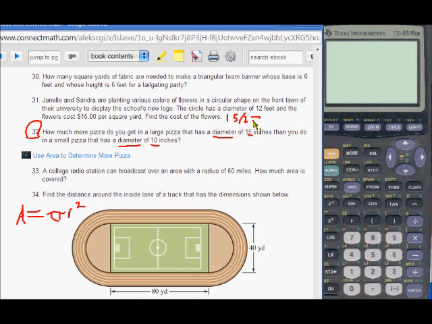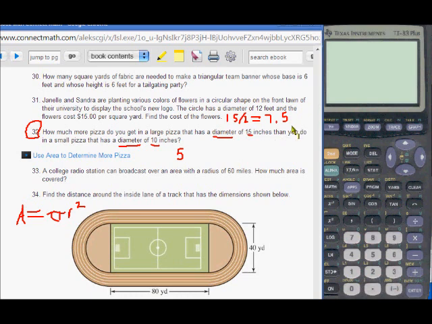And that's going to equal 7.5. And then we do the same thing over here. Divide this 10 by 2. And we're going to get 5. All right.